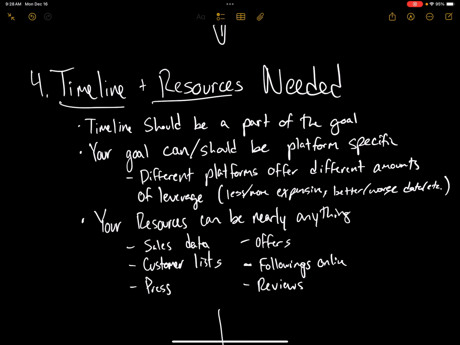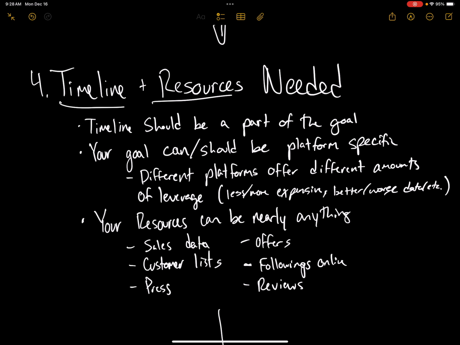The reason I say this is that platforms in large part have a varying cost of customer acquisition. So Facebook and Instagram might cost you less to acquire a customer than Google or LinkedIn or TikTok, and this is just standard. So if you can make the goals platform specific, it will give you a better opportunity to be more accurate with whatever your cost related goals are, right?